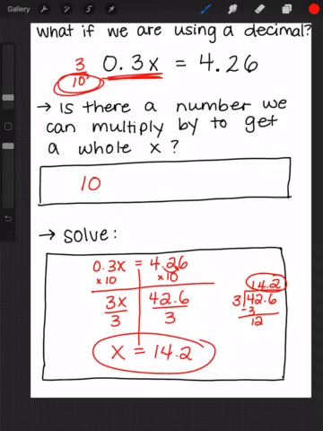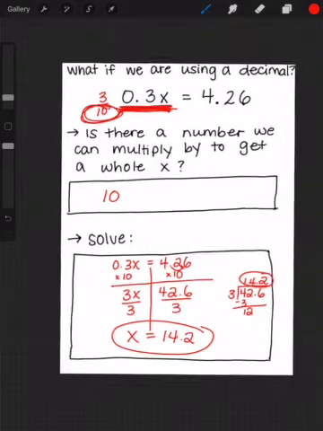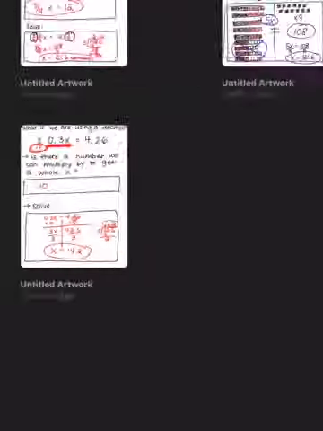Okay, so the decimal is the exact same thing. You just have to think about how would I say this decimal the correct way. The correct way is 3/10. That gives me my denominator, and that's what you would multiply both sides by.